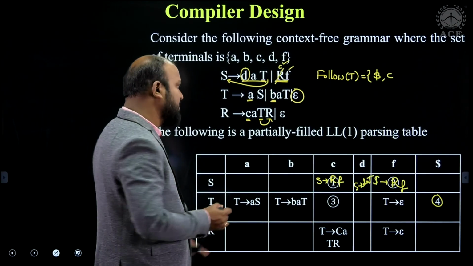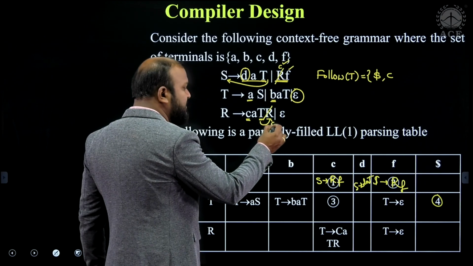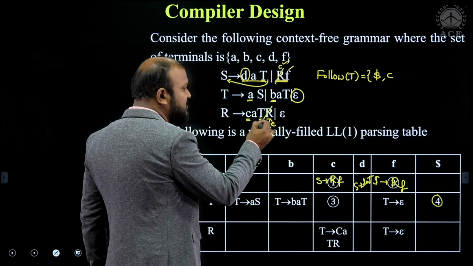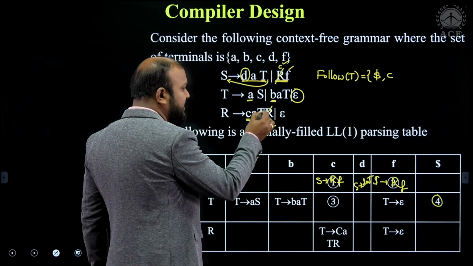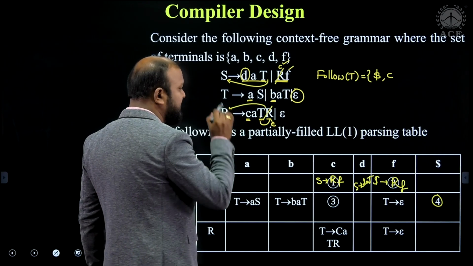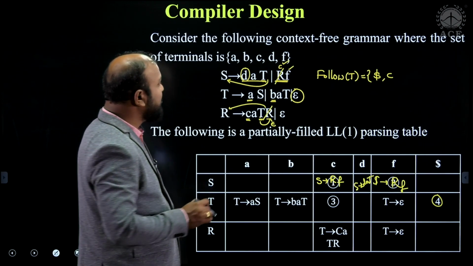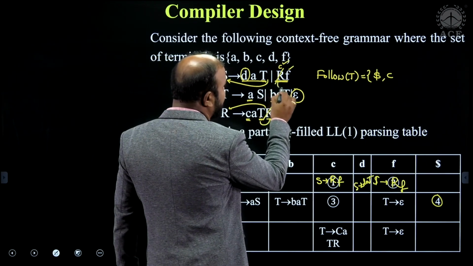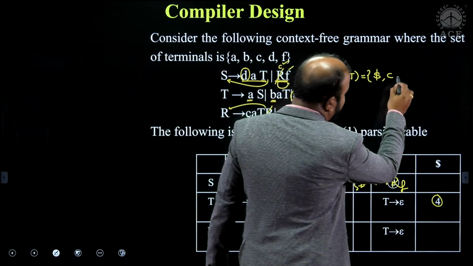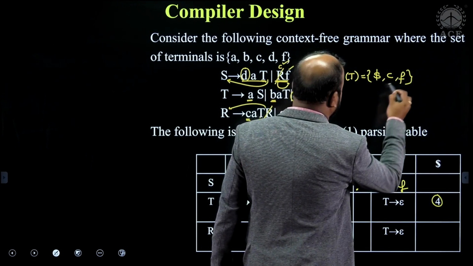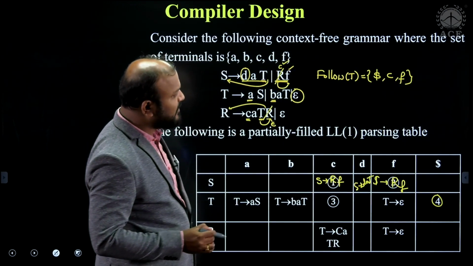And epsilon means this R is becoming epsilon, then T is not going to be followed by any symbols, it is going to follow its parent. Means follow of T equals follow of R. Here you observe what is follow of R. What is R followed by? F. So you write F also in the follow of T. So what is follow of T?